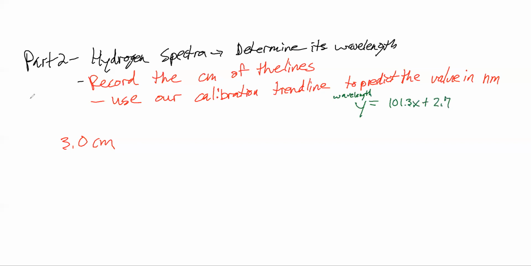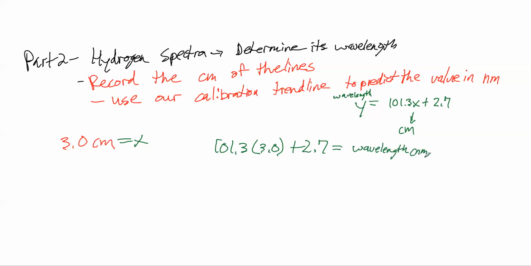And this is our trend line, and so this x is that in centimeters. And so what we can do is we can take that 3.0, and we plug that in for x. So we can have 101.3 times 3.0 plus 2.7, and we can find our wavelength. And in this case, it's going to be nanometers, since that's what we had inputted in our calibration graph.